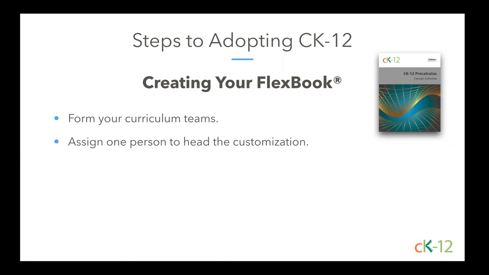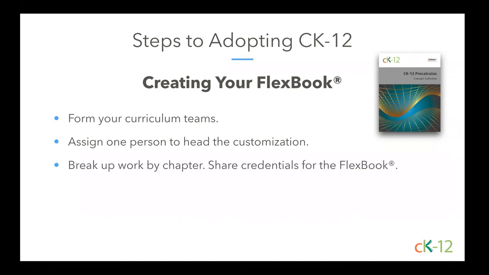Next, you're going to have one person head each book for the customization for your school. They're going to be the ones that break apart the work and assign work to different people on the team and then collect it, formalize it, and publish it at the end. As we talked about, one of the best ways to do this work is to break up the work by chapter.